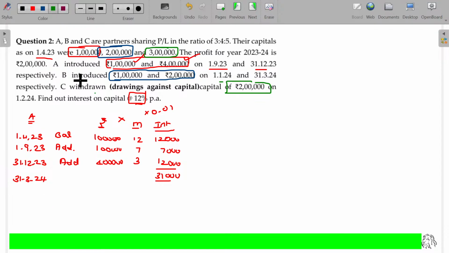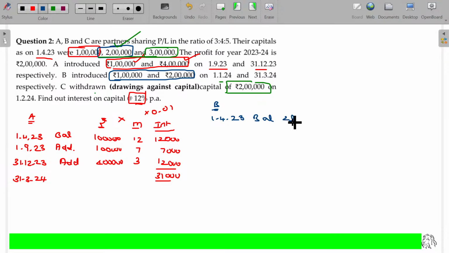Next, in case of B, initially on which date? 1/4/23. He has 2 lakhs balance.